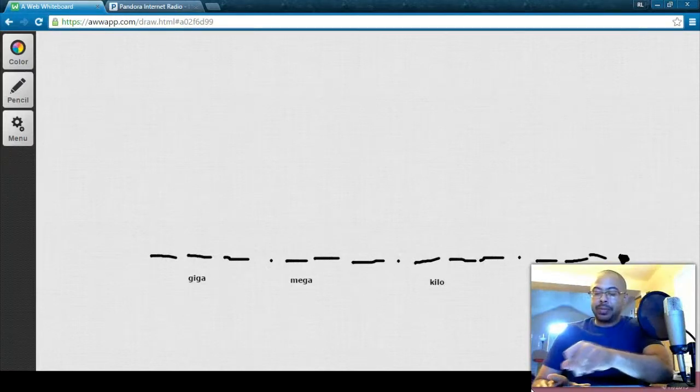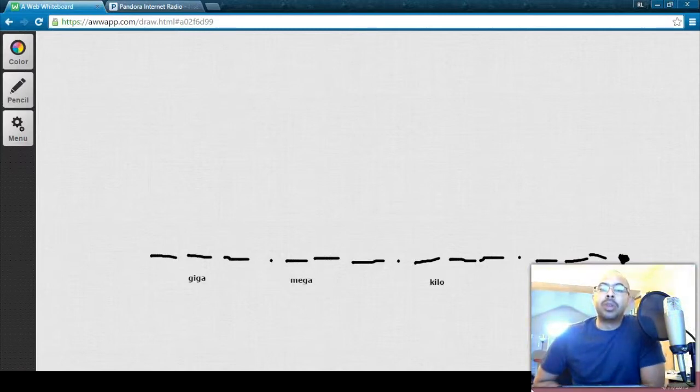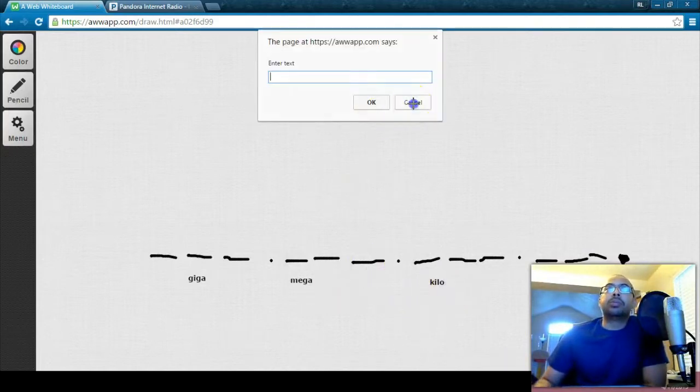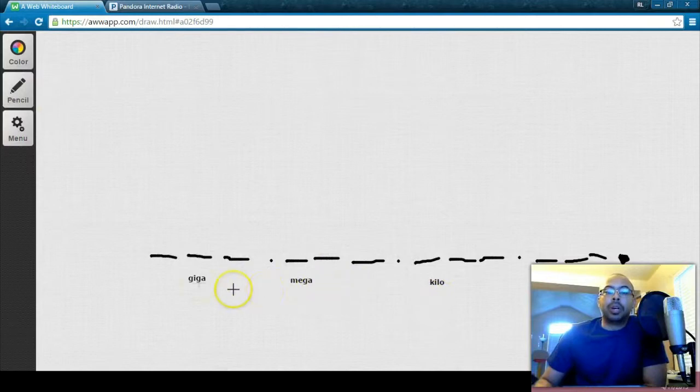So I start here in the ones position, and I start from the left of the decimal, so I can lay some groundwork, some things that people hopefully are familiar with, like once you get past the hundreds, you're into the thousands represented by kilo, then into the millions represented by mega, and then into the billions represented by giga, as I've laid out here. Kilo, mega, and then giga.